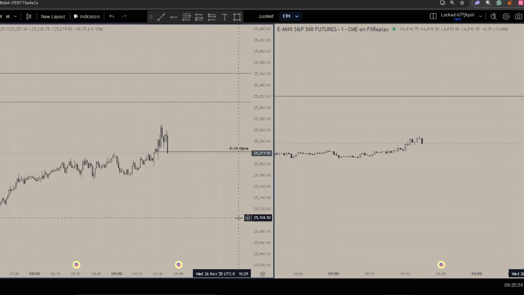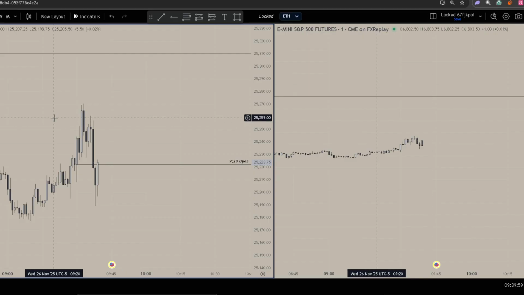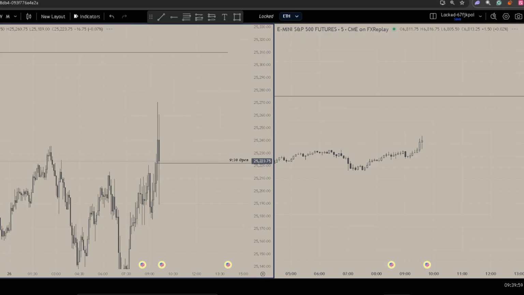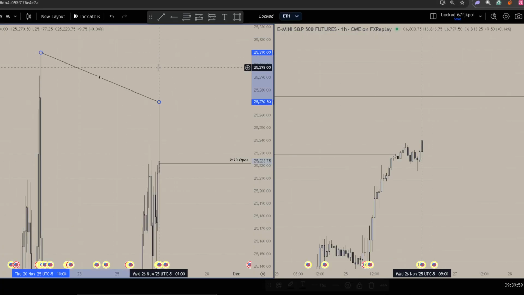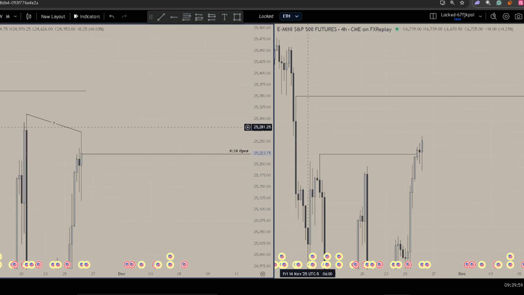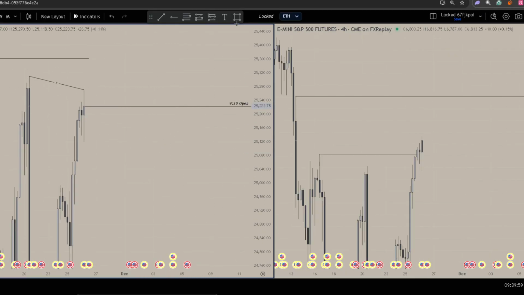So I'm gonna just let this print a little bit. Okay, 9:30 is doing this thing. Just gonna be mindful of that, and then we're also inside of this 4-hour SIBI. But we reacted off of this, so boom.